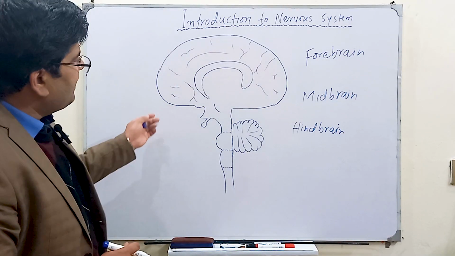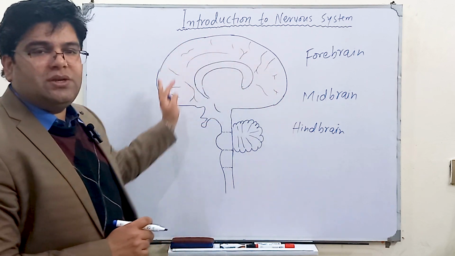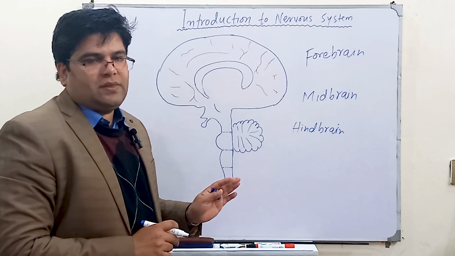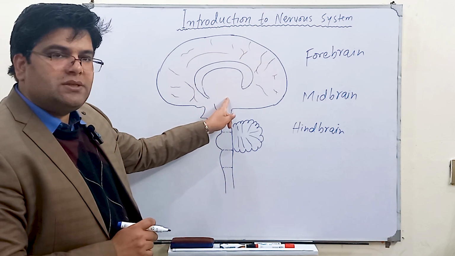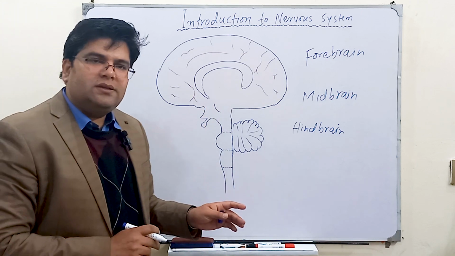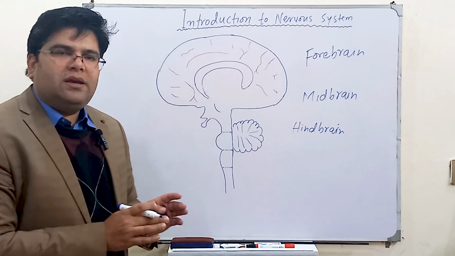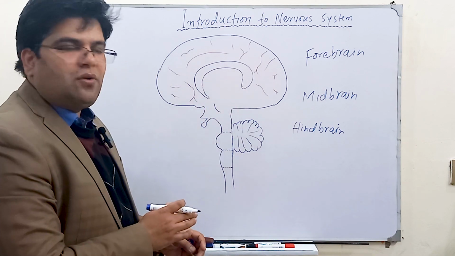Forebrain is made by structures like our cerebral hemispheres and some other parts. Those other parts, they are our thalamus, hypothalamus, and the other deeper nuclei like basal ganglia, hippocampus, and amygdala. So they are all collectively called as forebrain.